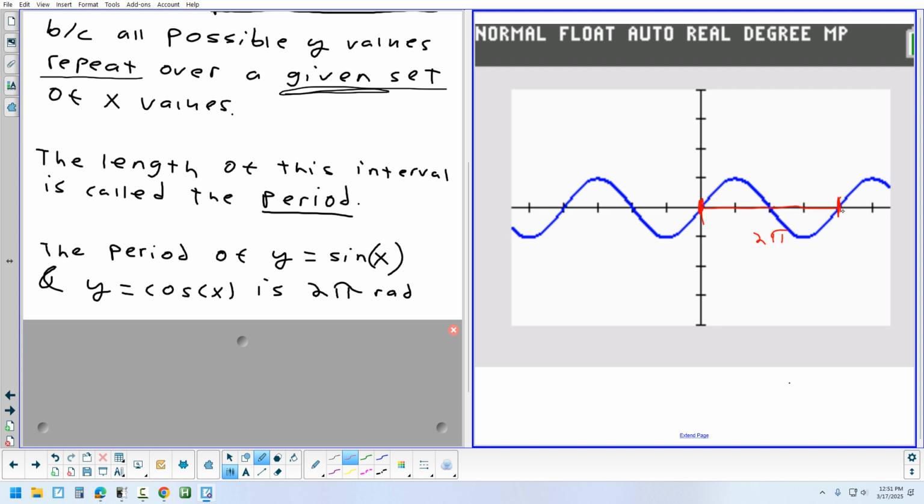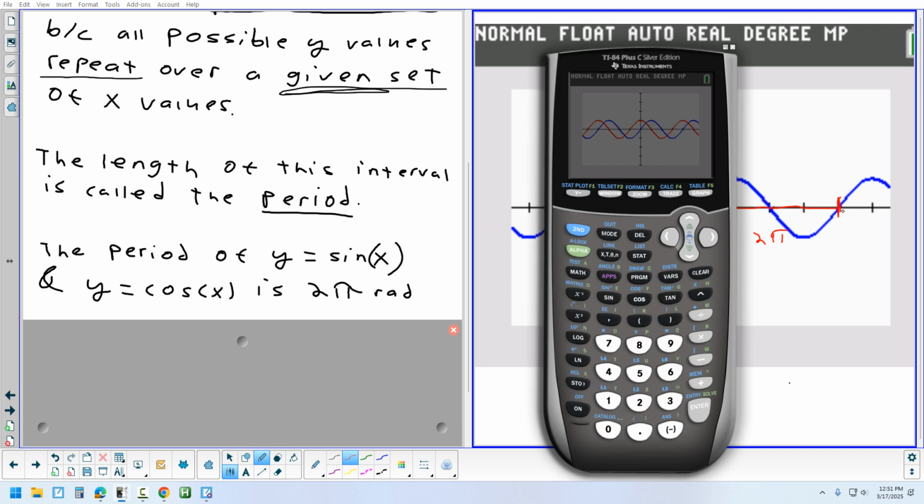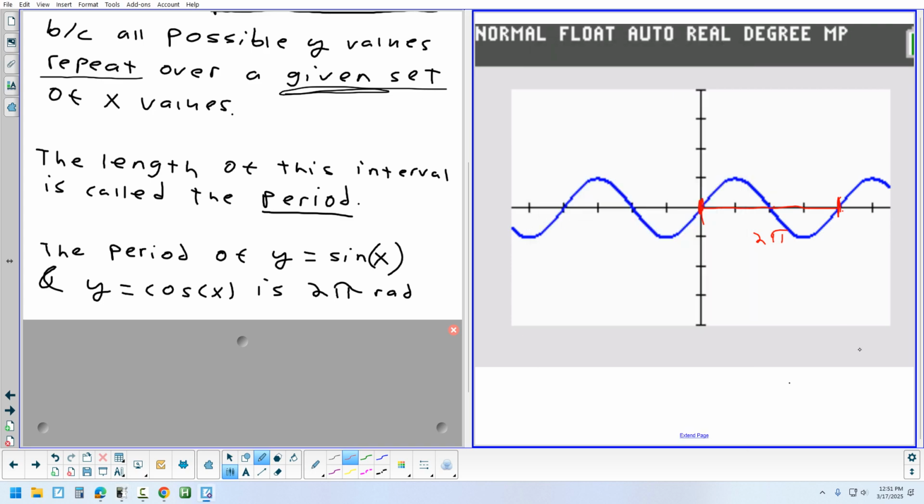I just know because when I did the Zoom, my calculator told me that the x scale was going by 90s. So this is really 4 times 90: 90, 180, 270, 360.